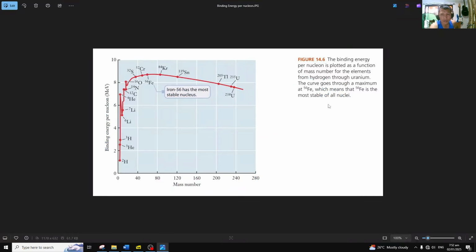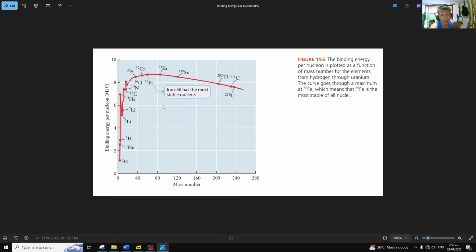Anyway, magic numbers: they looked at the stable isotopes, and the most stable one they found is iron 56. That's why iron is believed to be the core of the earth.